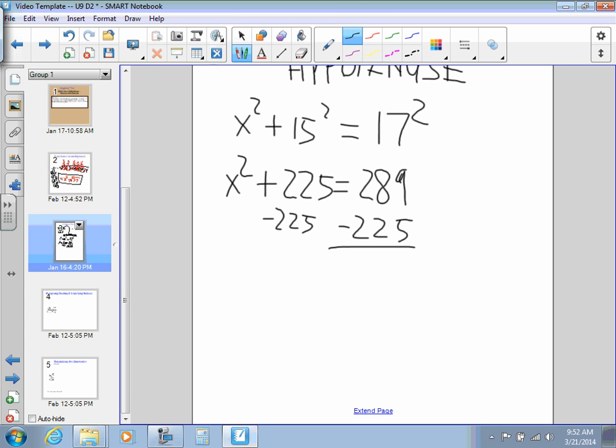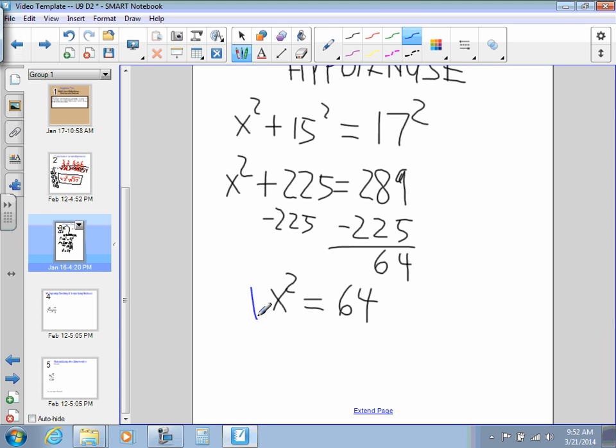Okay, so 9 minus 5 is 4. 8 minus 2 is 6. 2 minus 2 is 0. So I now have x squared equals 64.